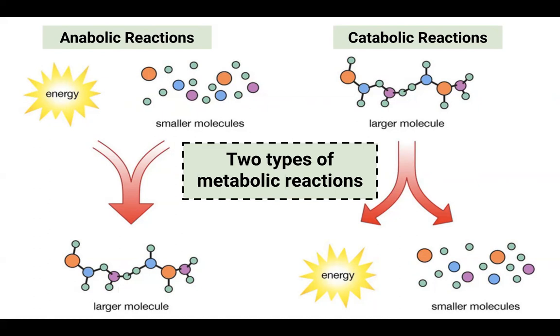You have to interpret the diagram and come up with the definition. The keywords that I'm expecting to see in your definitions for both anabolic and catabolic are energy, smaller molecules, and larger molecules. Make sure you have those three keywords in your definitions. Pause the video and do that now.